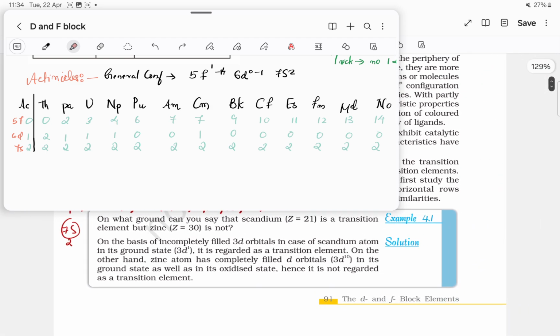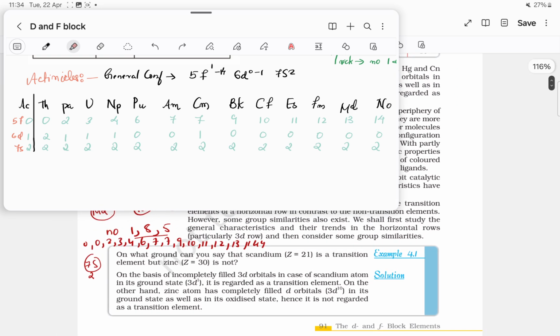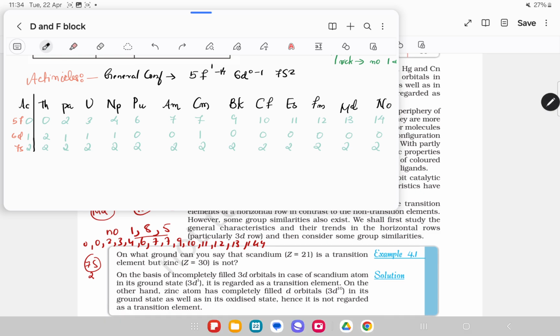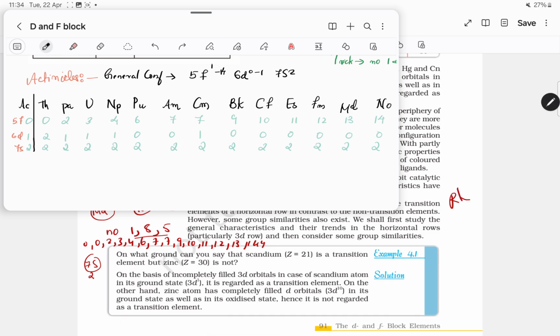I hope everyone understood the importance of studying d block and f block configuration. Why is it important for NEET? It is very much sure, not only NEET but JEE as well. In the last JEE Mains exam there was a question on rhenium and I think rutherfordium.